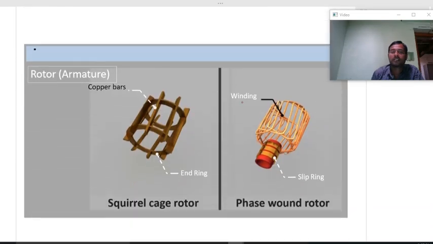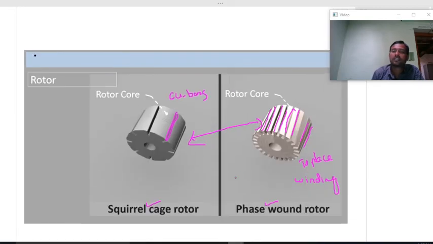Look at this one. These are the copper bars. Why are copper bars used? If you observe this figure, in these gaps copper bars are used to support the laminations or core.